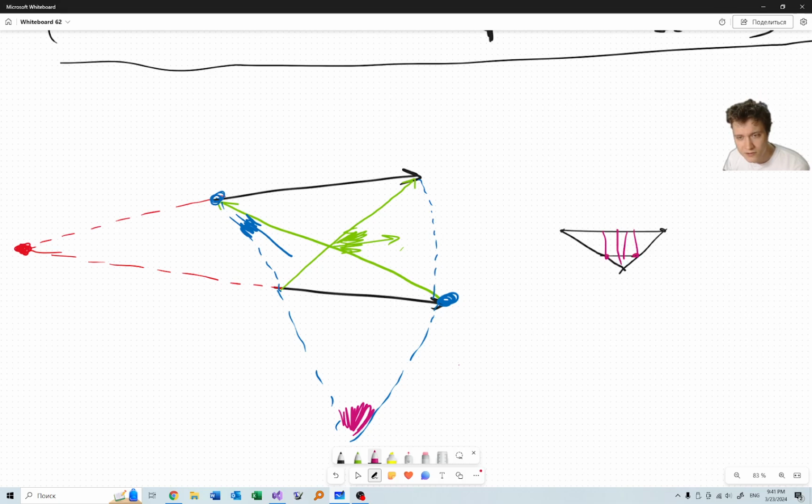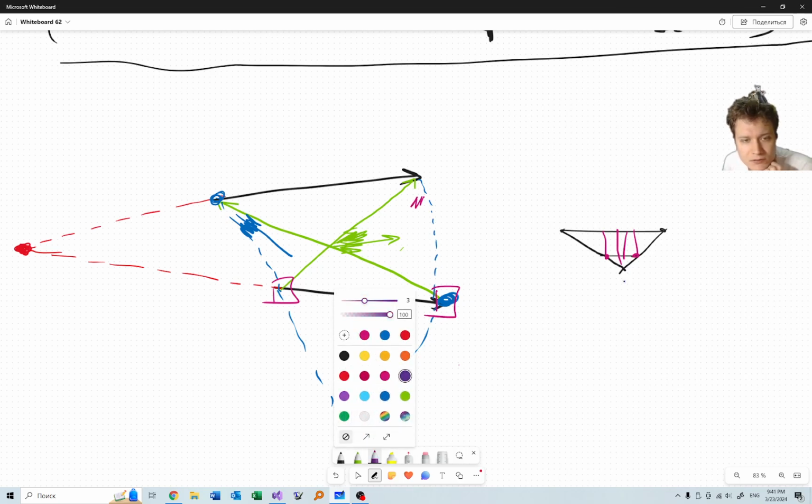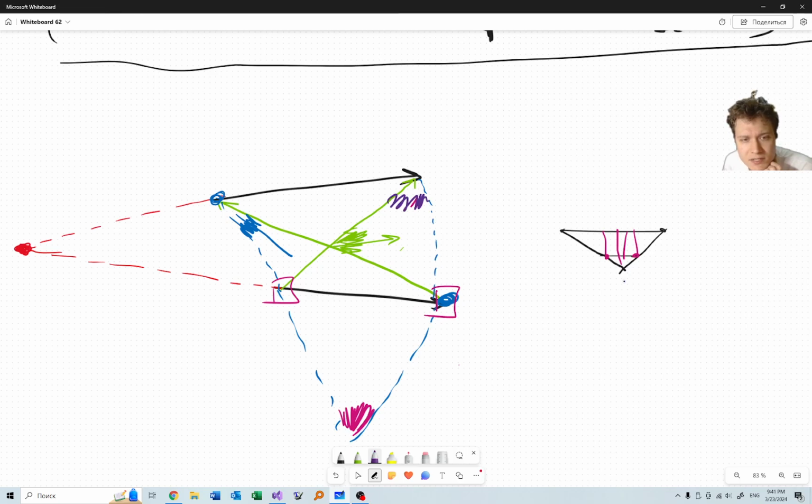It is between these 2 points. Then this angle, let me choose one more color. This angle is between this line and this line.